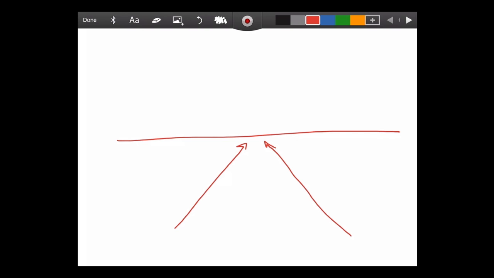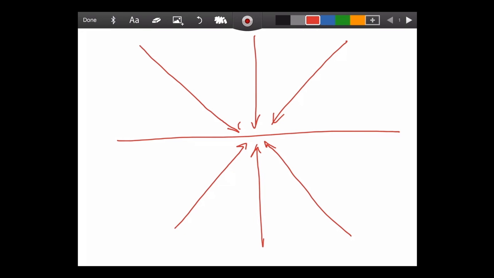Now to sum this up, if you have a horizon that is directly at your eye level, everything that is below your eye level will come up to that horizon. Everything that is above your eye level will come down to the horizon, like so.